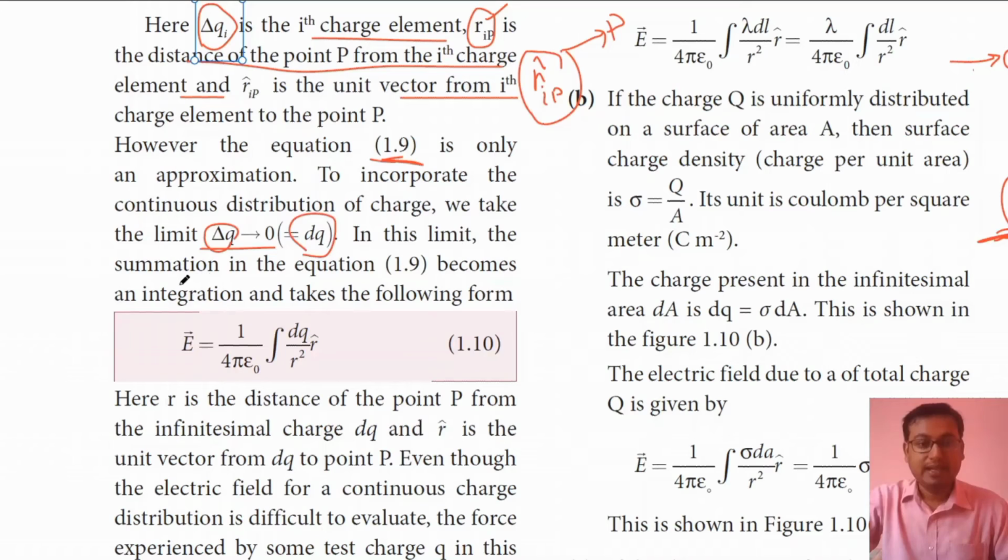In this limit the summation of the equation 1.9 becomes an integration, and it looks like vector E is equal to 1 by 4 pi epsilon naught into integral dq by r square into r cap. Here r is the distance of point P from the infinitesimal charge dq, and r cap is the unit vector from dq to point P. That means a vector whose tail lies on dq and head lies on point P.